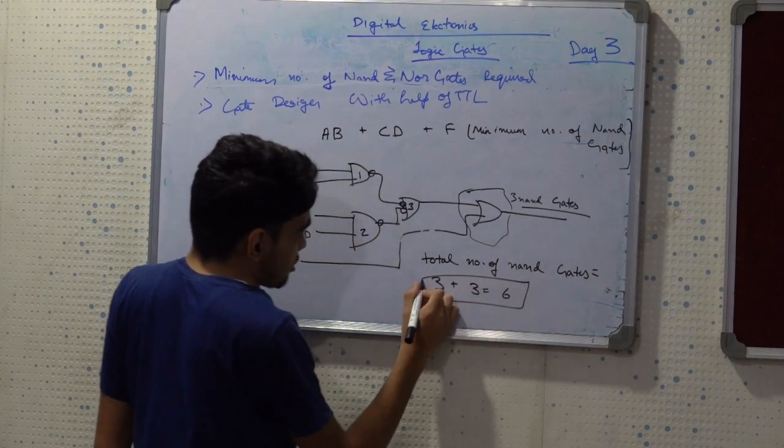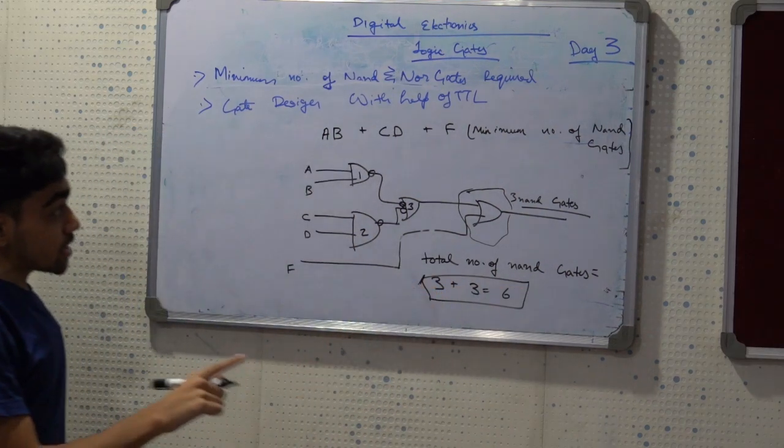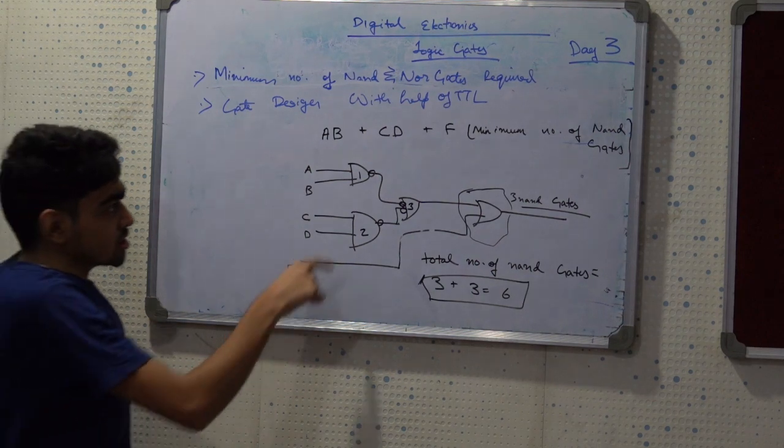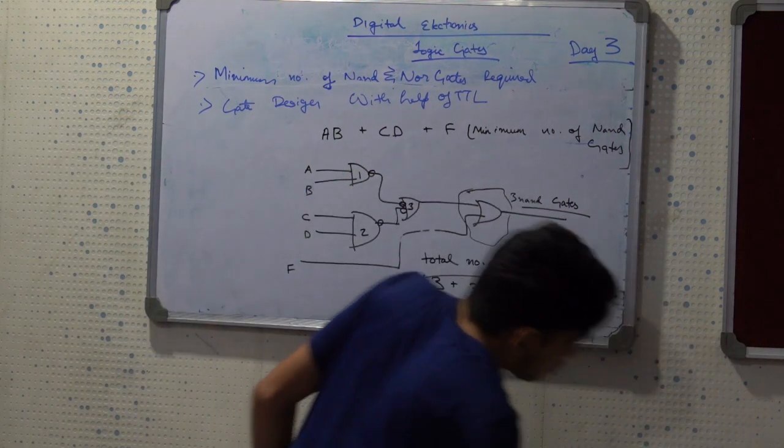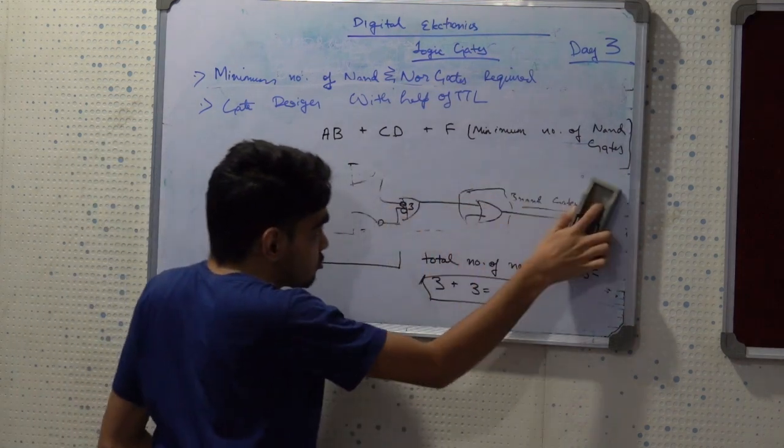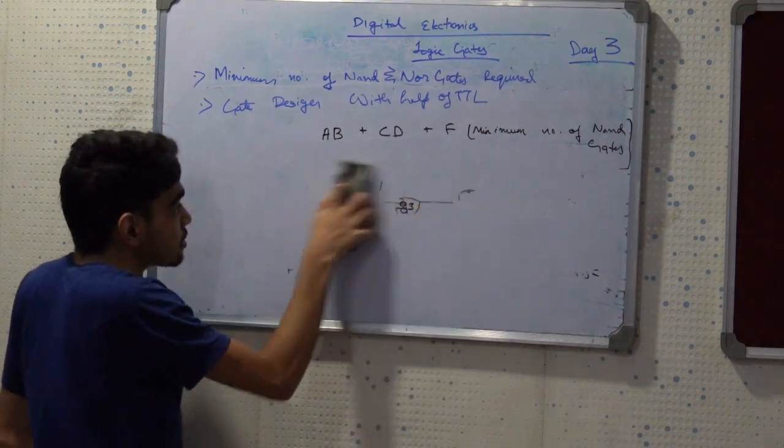So the total number of NAND gates required is 6. This is a particular expression, and we can consider two different cases.